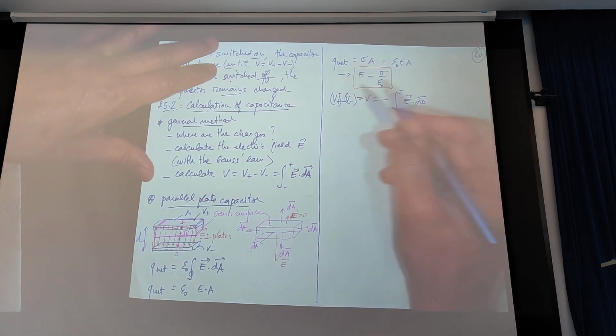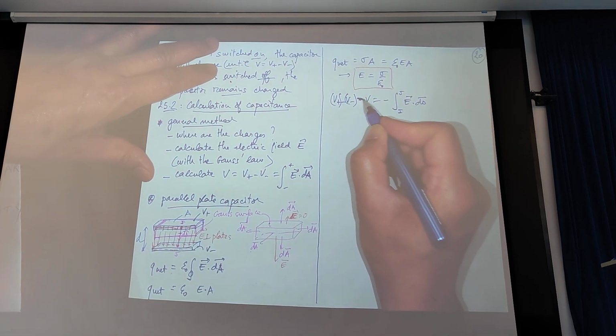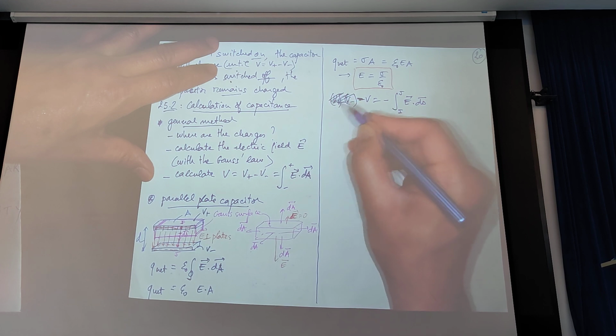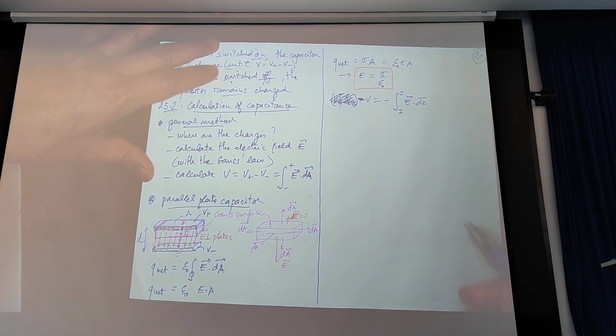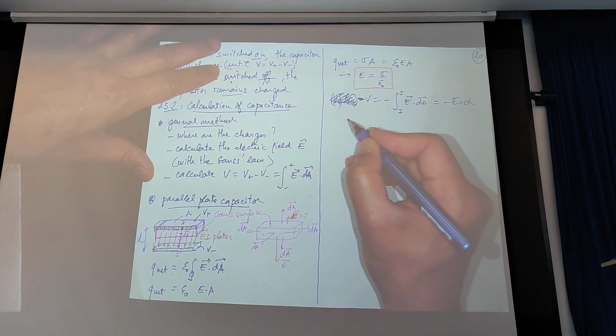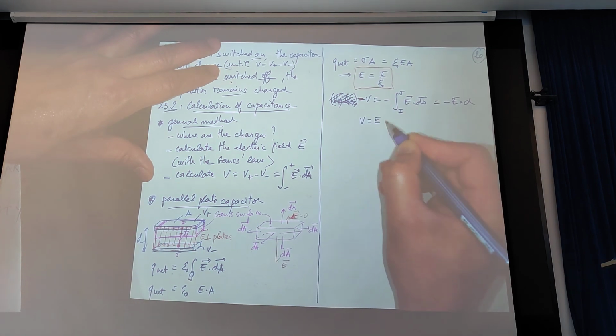Let's say minus V equals this. E scalar ds is only E times d, because the two vectors are parallel. That means that V equals Ed.